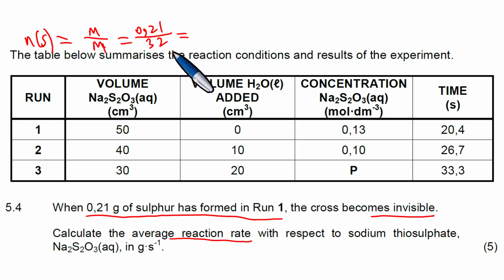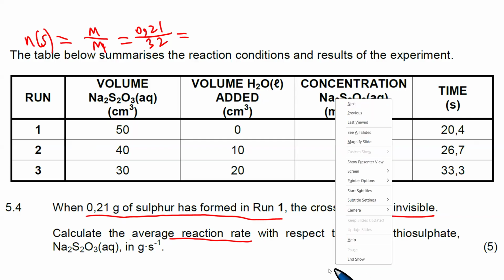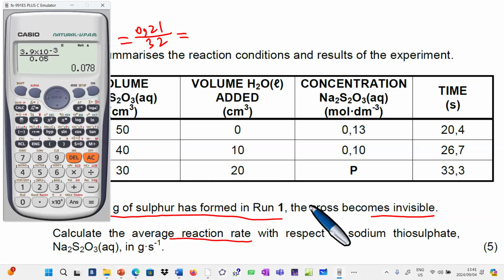So, 0.21 divided by 32. Okay, let's check what we're getting here. Shall we use a calculator quickly? Let's just use the calculator together. 0.21 divided by 32.